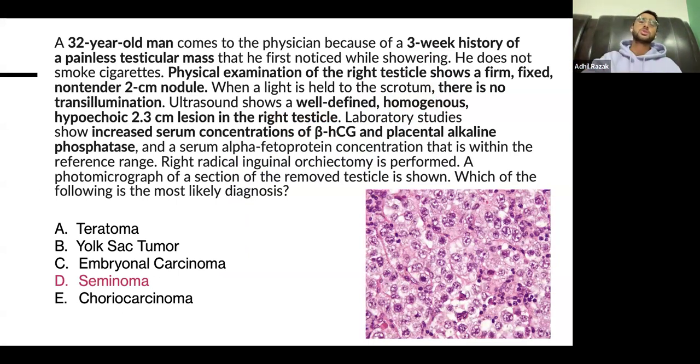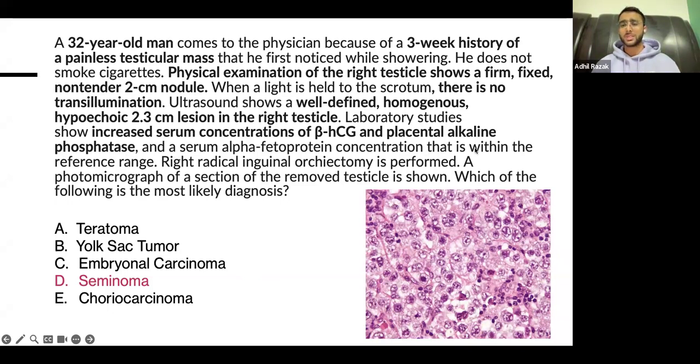Lab study shows increased serum concentration of beta-HCG and placental alkaline phosphatase. Your emphasis is more on beta-HCG, to be honest, and placental alkaline phosphatase as well. But the alpha fetoprotein is normal. So these two lines are pretty much what helps you narrow down your diagnosis.